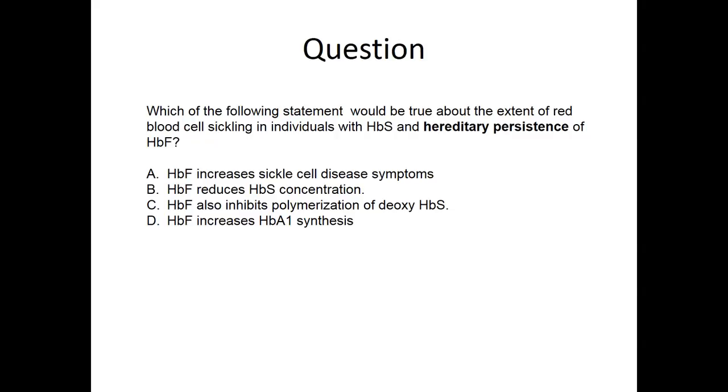Hemoglobin F has a gamma subunit. In sickle cell anemia, the mutation is on the beta subunit. But in fetal hemoglobin, the beta is not present. So in that patient's blood, where the fetal hemoglobin is persisting, you have hemoglobin that does not have beta subunits in it. So it will not polymerize, compared to somebody who has all his hemoglobin with a beta subunit. Does that make sense?